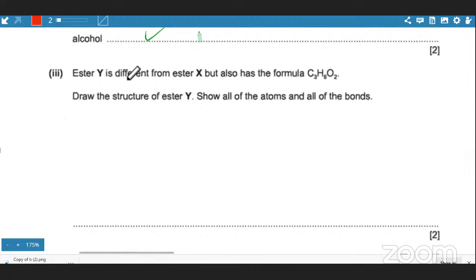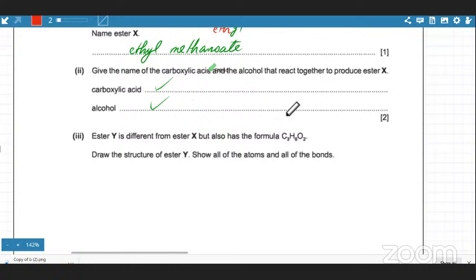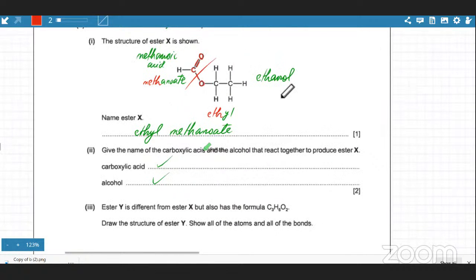The other part is: ester Y is different from ester X, but it also has the formula C3H6O2. Draw the structure of ester Y showing all atoms. So I need to make another ester that has the same molecular formula, same number of atoms. This side had one carbon atom, this side had two carbon atoms. I'm going to flip that. I'm going to have two carbon atoms on this side and one carbon atom on this side.